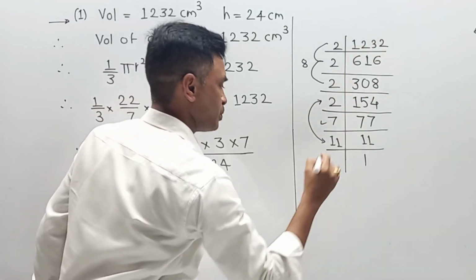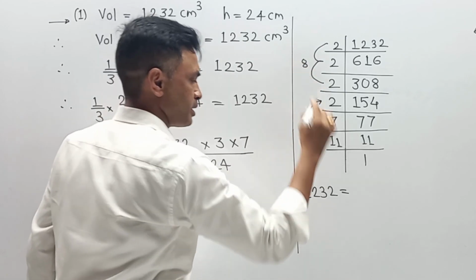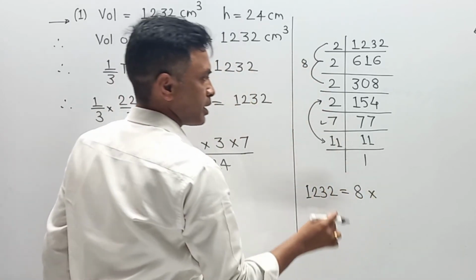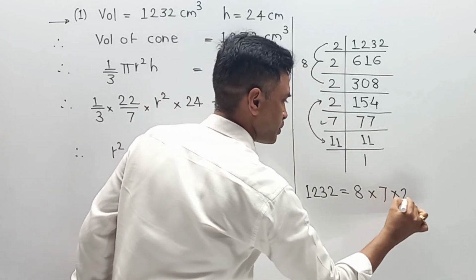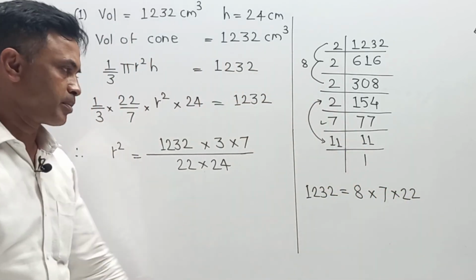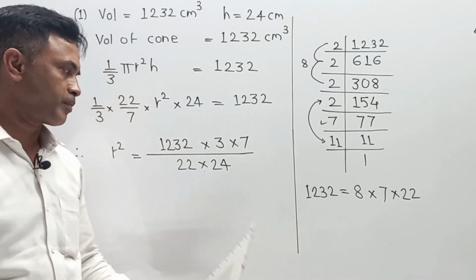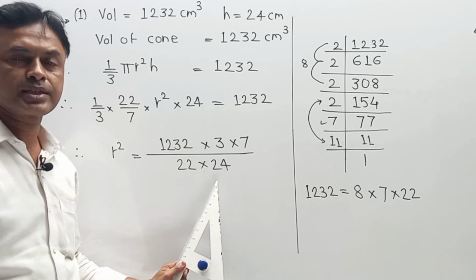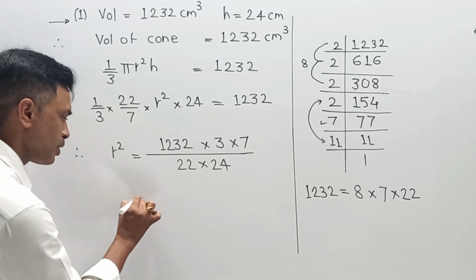This means 1232 can be written as 8 into 7 into 11 into 2, that is 22. I selected these numbers because 22 is a part of the numerical, and 8 and 7 are also part of it because 24 can be written as 8 into 3. Now please pay attention, split out this part. So one by one.